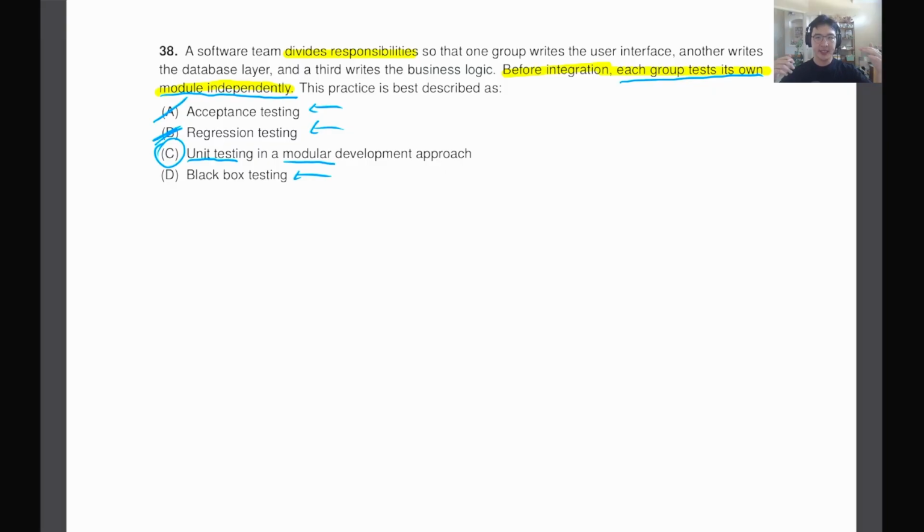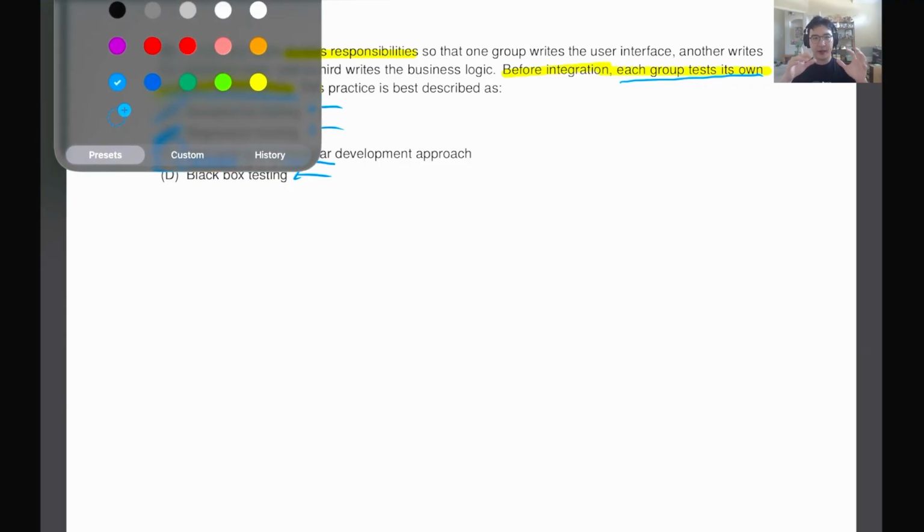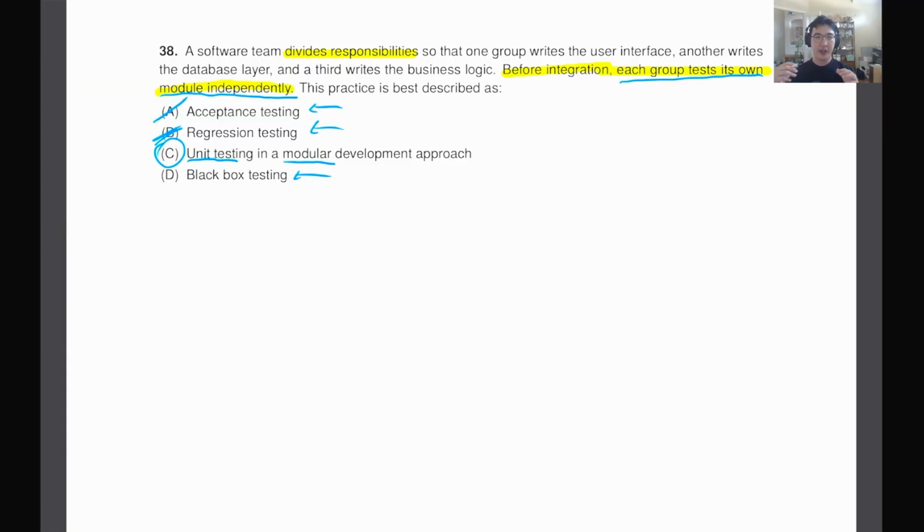And you kind of want to see basically, is your software kind of working? This is a very broad way to look at testing. It's not, once again, specifically looking at this, each group testing its own module independently. So it's not D either. So that's why C is the best answer for question 38.